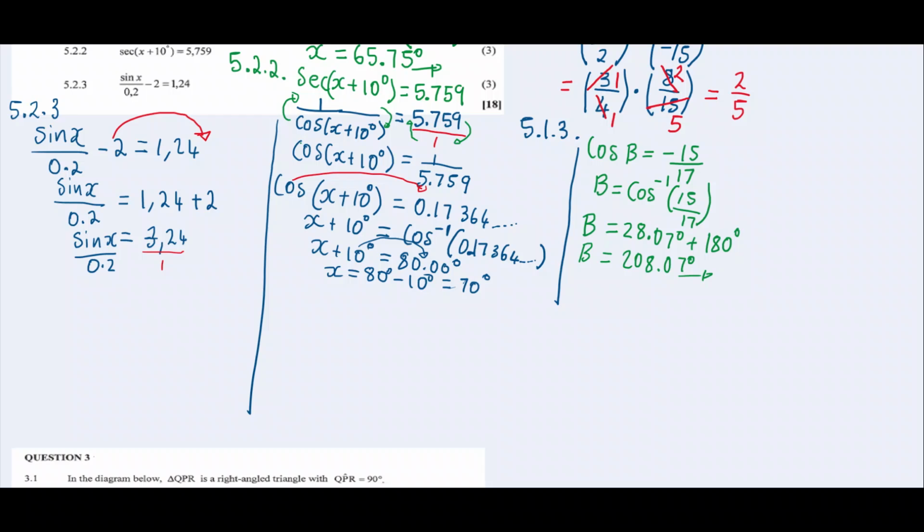Now we can say anything is over 1. The part on the right hand side is over 1, and you can cross multiply. You will see that sine x times 1 is simply sine x, and the 0.2 will multiply the 3.24. The answer will be 0.648, and we can take the sine to the right hand side.